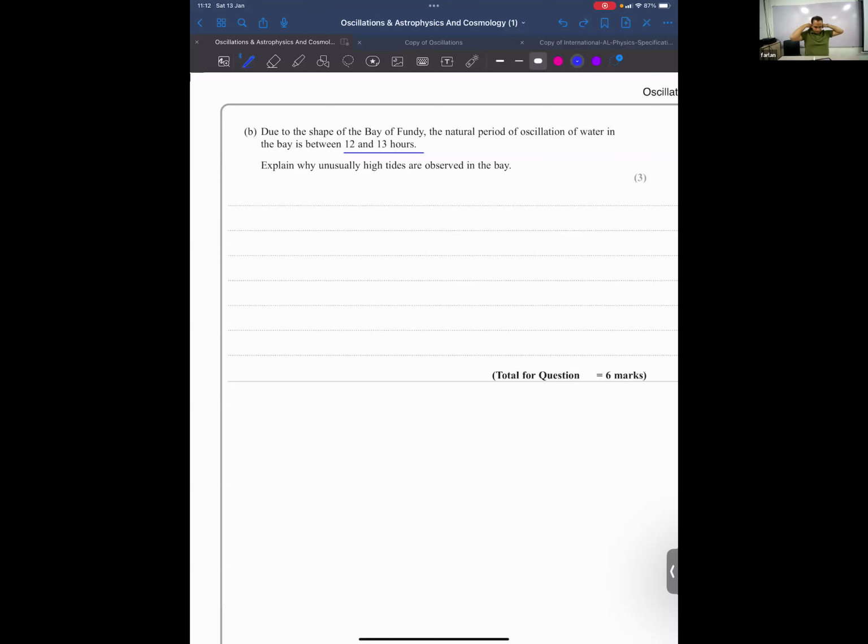The natural frequency of oscillation of water is approximately equal to the driving frequency.